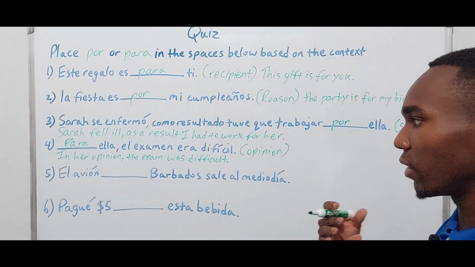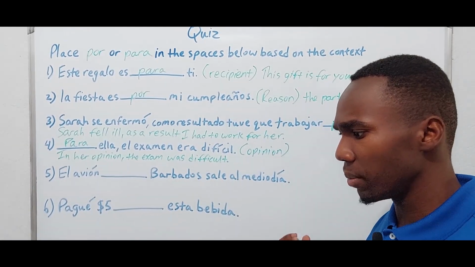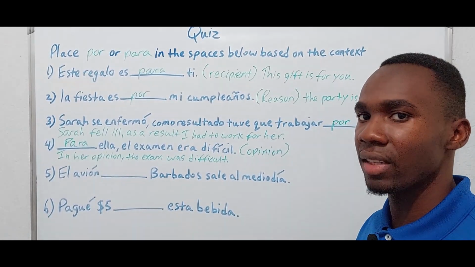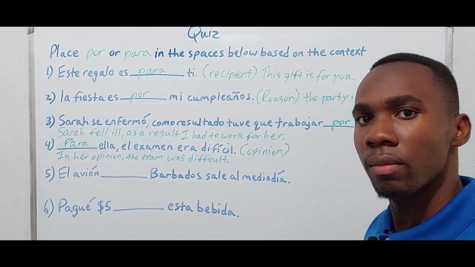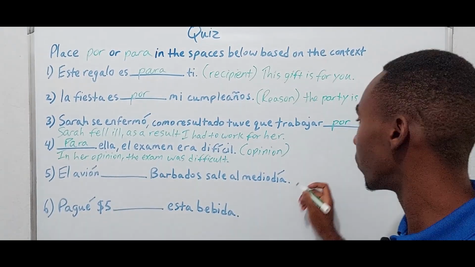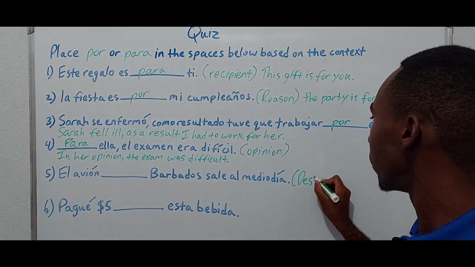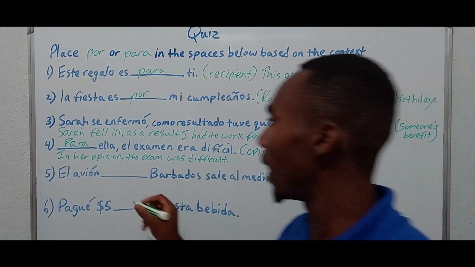5. El avión ___ Barbados sale al mediodía. Okay, so we have to ask ourselves, is Barbados the destination or is it the route? Most likely the destination, because it's the only country mentioned. So destination. That means that we need para.